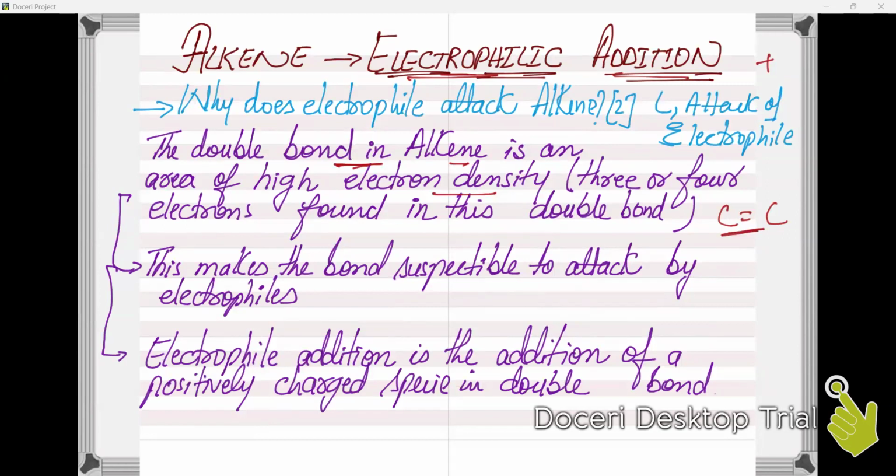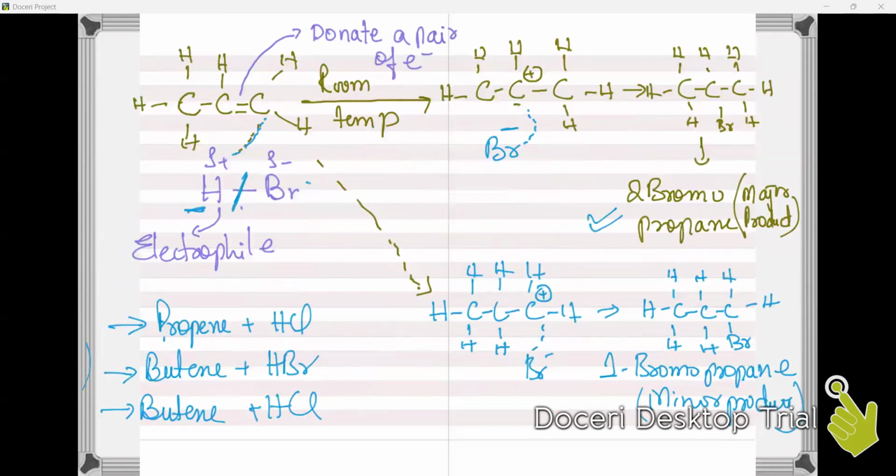And when we say high electron density, it means the presence of a negative charge. So this negative charge is going to attract a positive, of course. That is why it attracts an electrophile, not a nucleophile. So this is the main reason because of which a double bond is attracted by an electrophile.